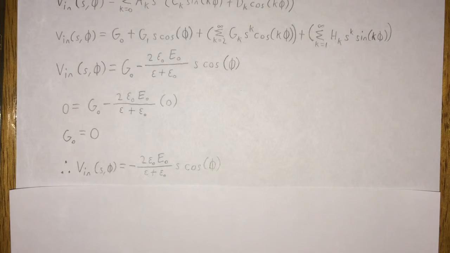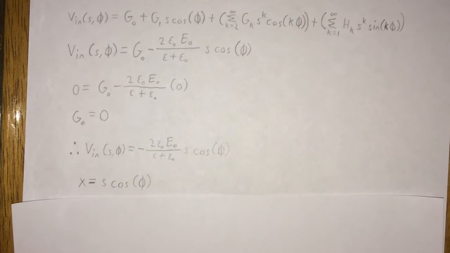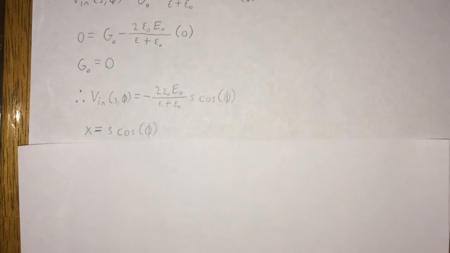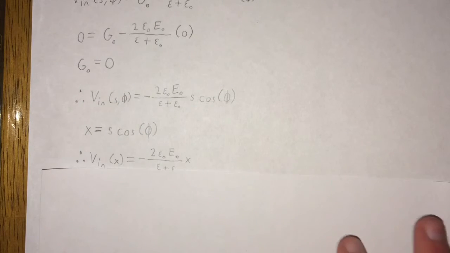This equation can be made a little nicer by acknowledging that the distance from the axis of the cylinder multiplied by the cosine of phi gives us x. This results in this equation here.